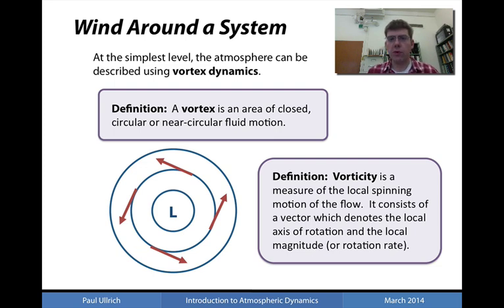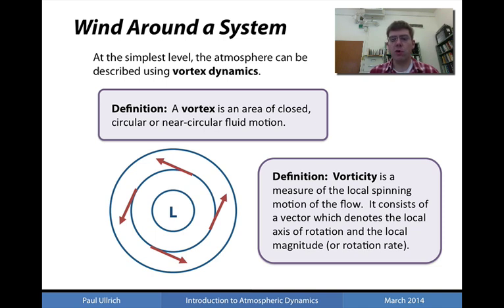And so the focus of this will be on rotational motion, since that is the dominant form of motion in the atmosphere. In particular, we'll be focused on what is known as vortex dynamics, where a vortex in this case is defined as an area of closed circular or near circular fluid motion, where there is a tendency for rotation in the underlying flow.